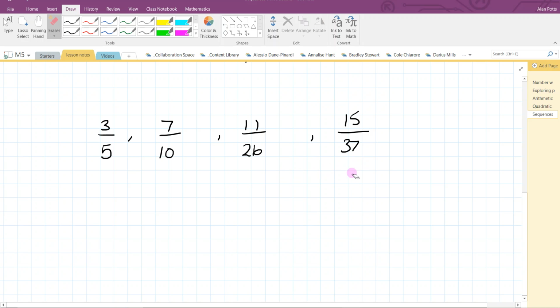What we've got at the moment is when we do a sequence and we try to find the explicit formula, what we try to do is work out what it goes up by. So how do I get from 3/5 to 7/10? How do I get from 7/10 to 11 over 26 and so on? But when we've got fractions, that can be really quite difficult. So any ideas? What would we do instead?